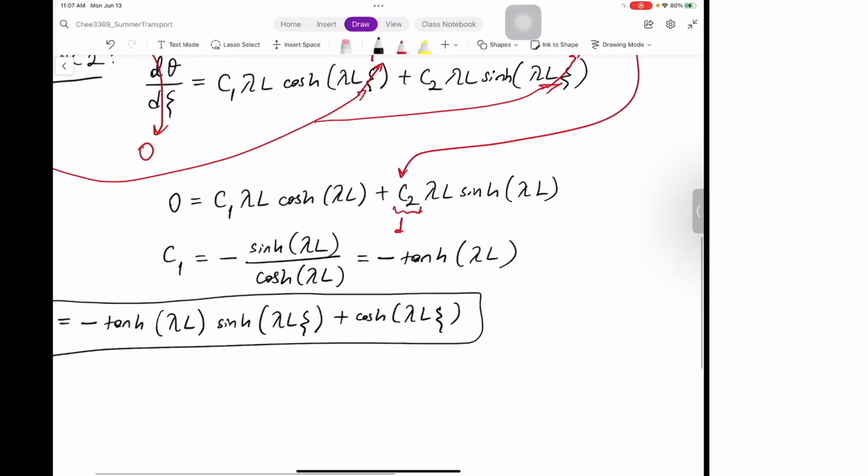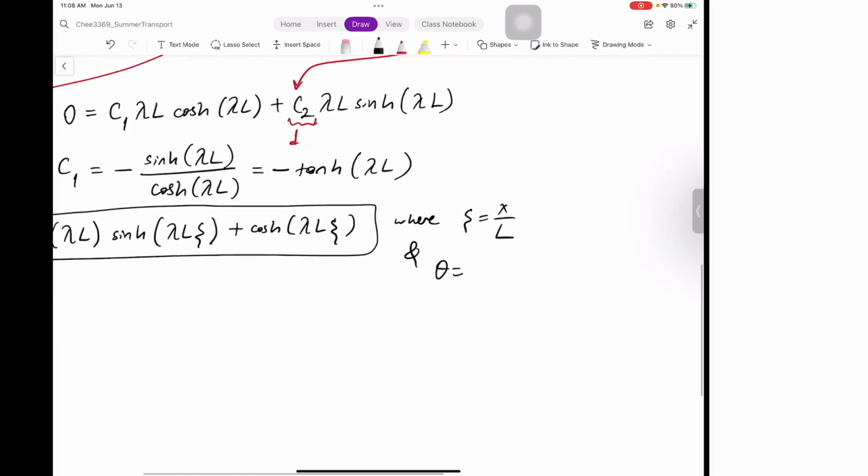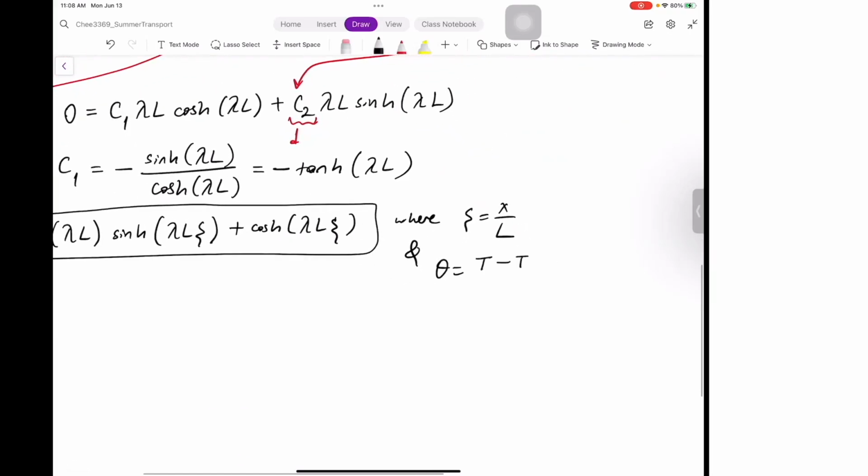And you also write where psi is equal to x over L and theta is equal to T minus T wall, no, T minus TF divided by T wall minus TF.